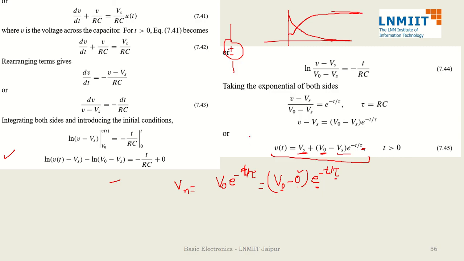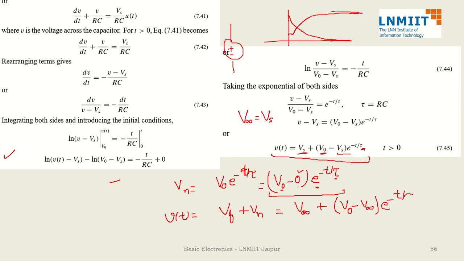That final value, which we call V infinity, is, let us say, Vs. So the total response is V of t equals V forced plus V natural, where V forced is the final value of voltage across the capacitor, I can call it V infinity, plus the natural response, which is the same, V initial minus V infinity times e raised to power minus t by tau. That is the simple concept of step response of an RC circuit.